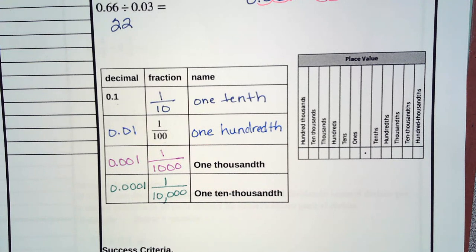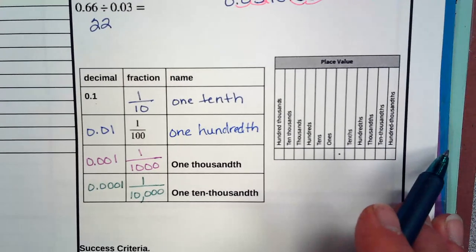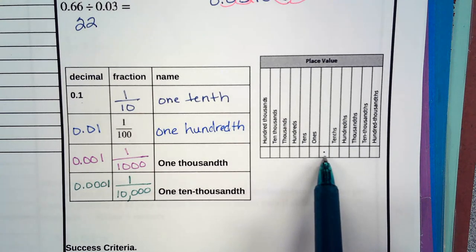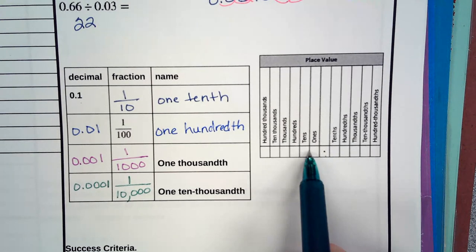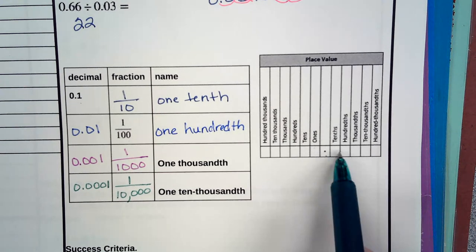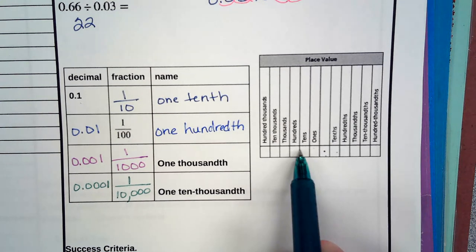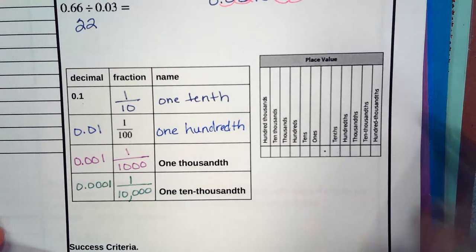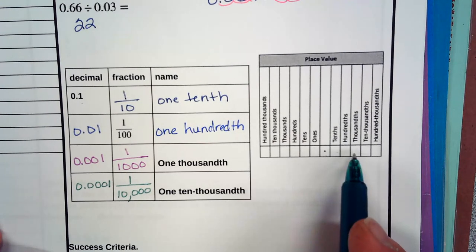So as we're looking at the decimals, I want you to look at the chart over here. That decimal divides them into equal sides. This is tens, these are ones, these are tenths. These are tens, these are hundredths. These are hundreds, these are thousands.